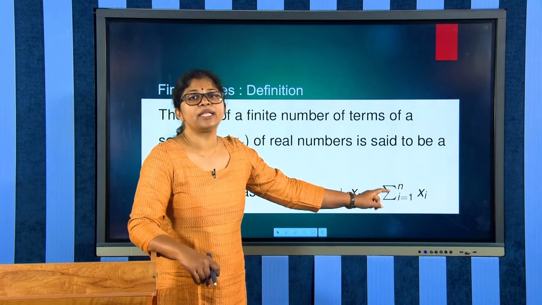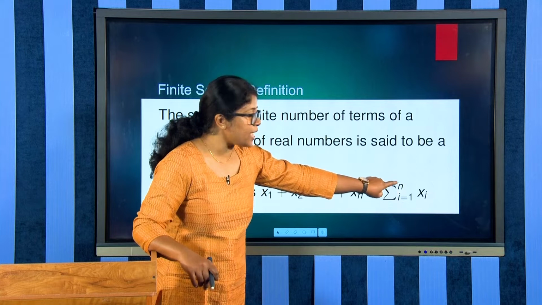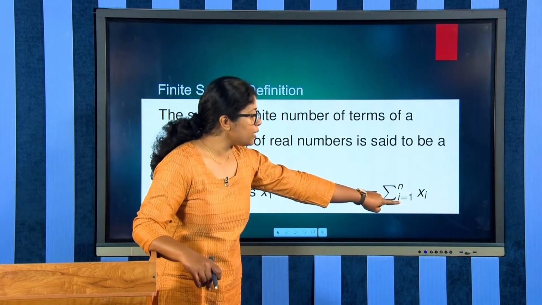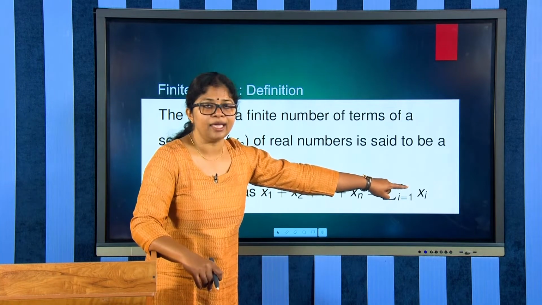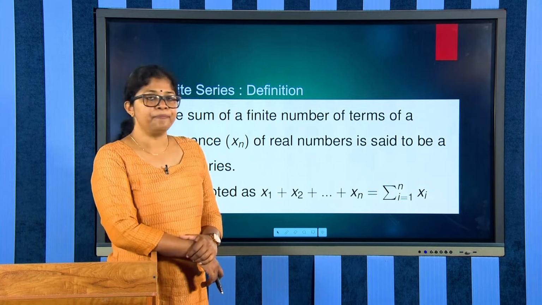Sigma is usually the notation for sum. So we are adding the first n terms of the series, and so we are getting sigma i equal to 1 to n xi, and it is read as summation i equal to 1 to n xi.